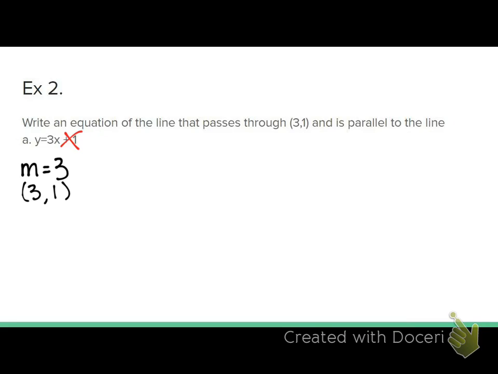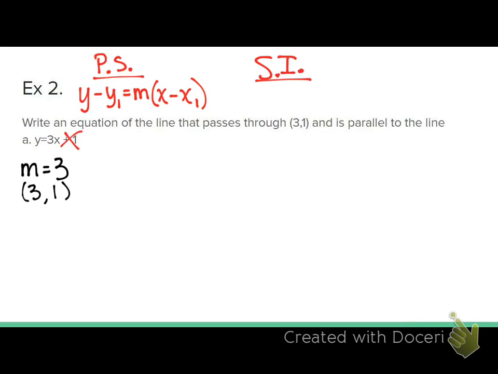Okay, this is really similar to yesterday. So remember, point-slope form. I'll just write them at the top. y minus y1 equals m(x minus x1). Slope-intercept, which is what we want our final answer in, is going to be y equals mx plus b.